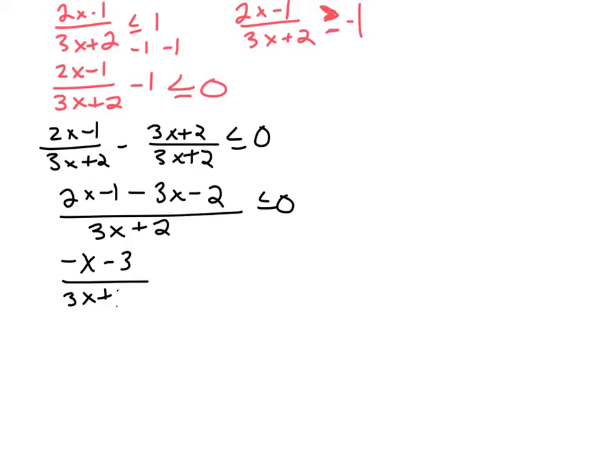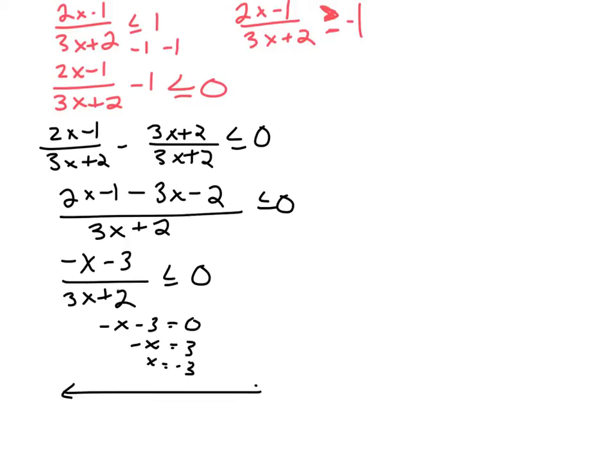So now, you remember how to do this using test points, right? It's going to equal 0 when the top equals 0. So I'm going to add 3 to both sides, and x equals negative 3. So when x equals negative 3, here's 0, 1, 2, 3, negative 3.